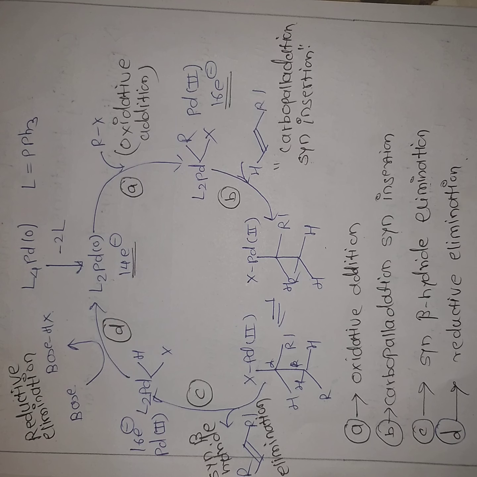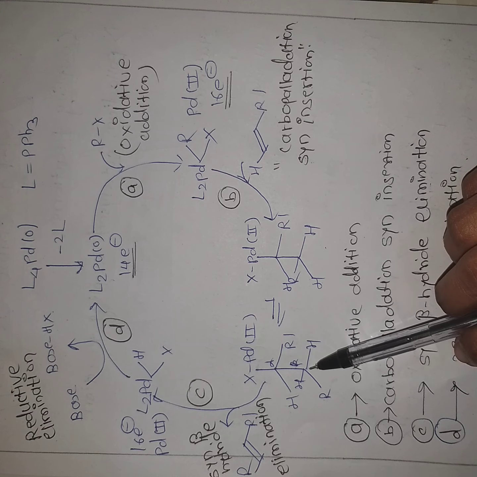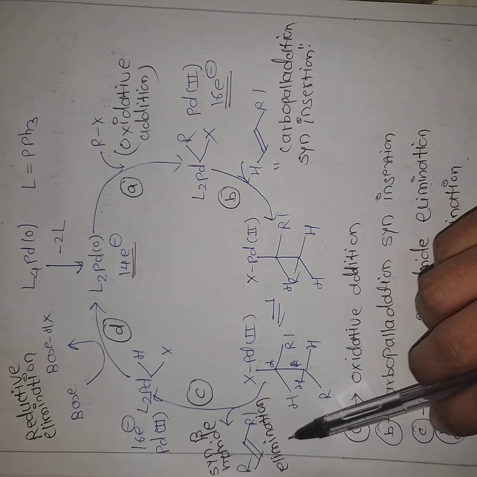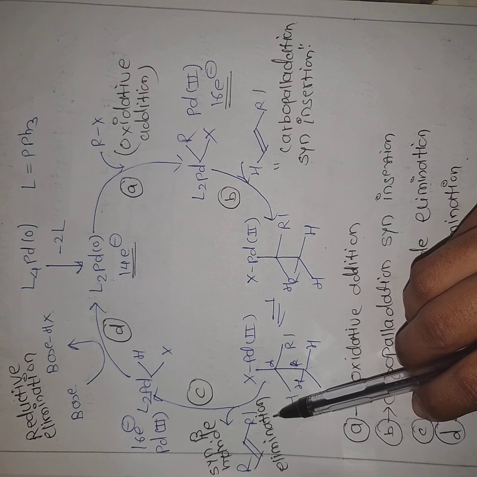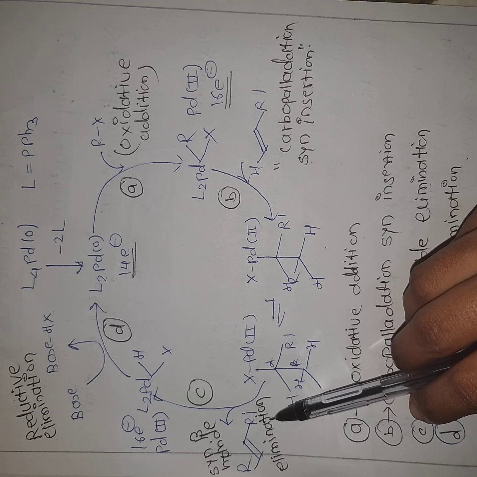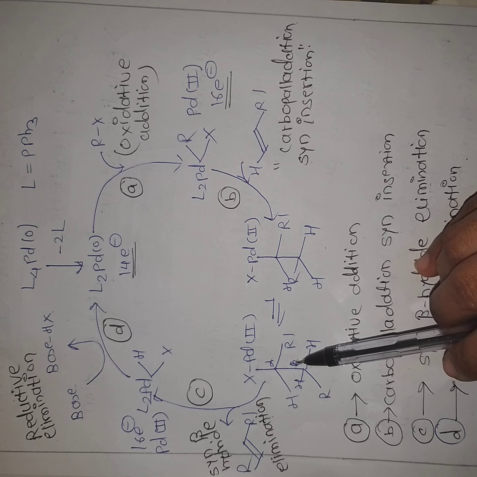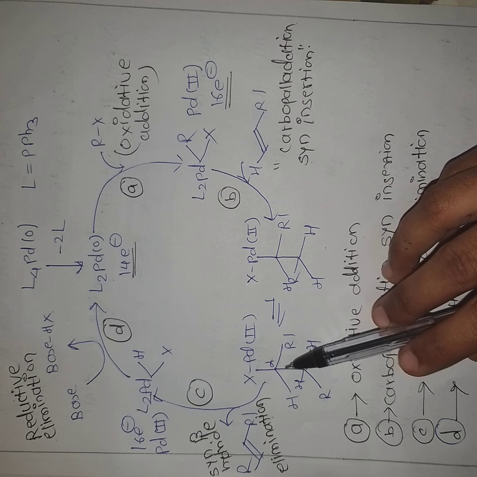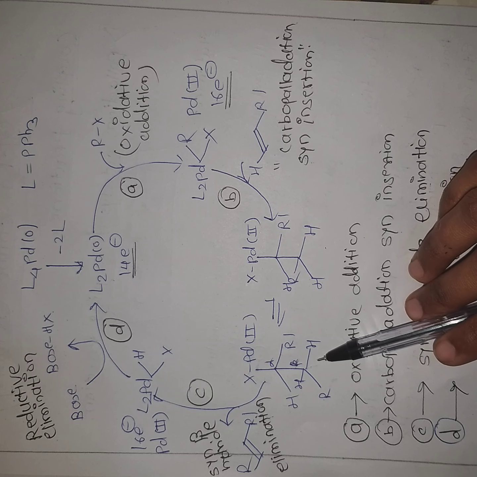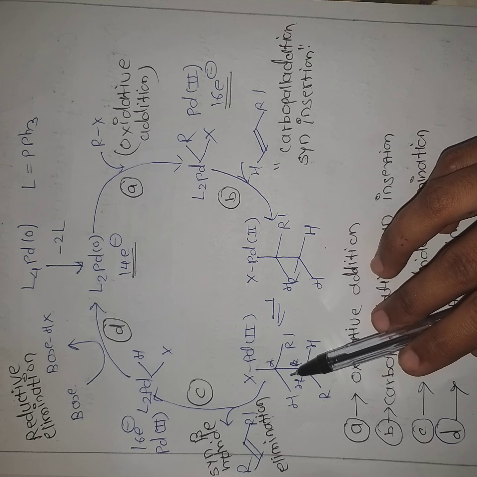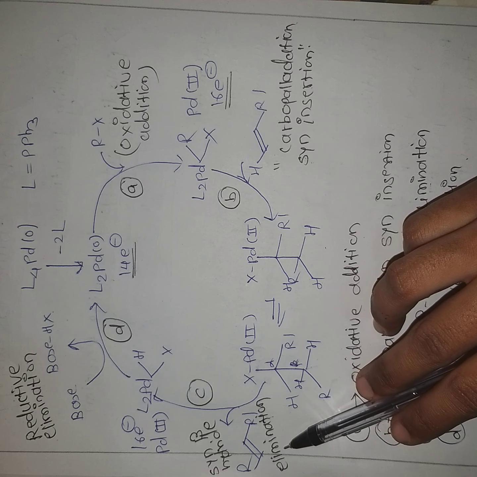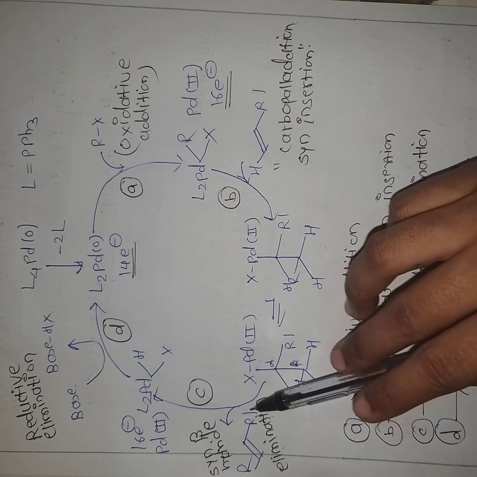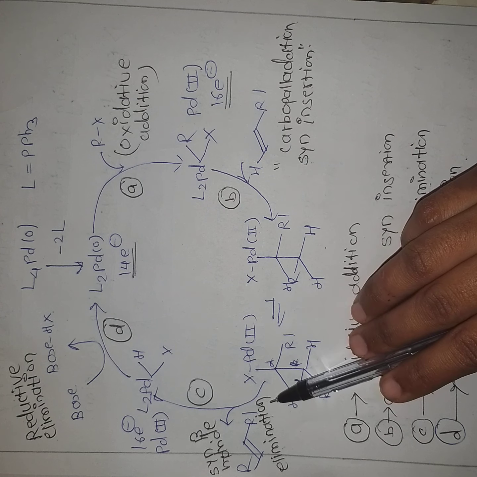After rearrangement, it is followed by syn beta hydride elimination. Syn beta hydride elimination means elimination of the proton present on beta position. This is an alpha position and this is a beta position. After elimination of this proton, we get an E-alkene, our coupling product.